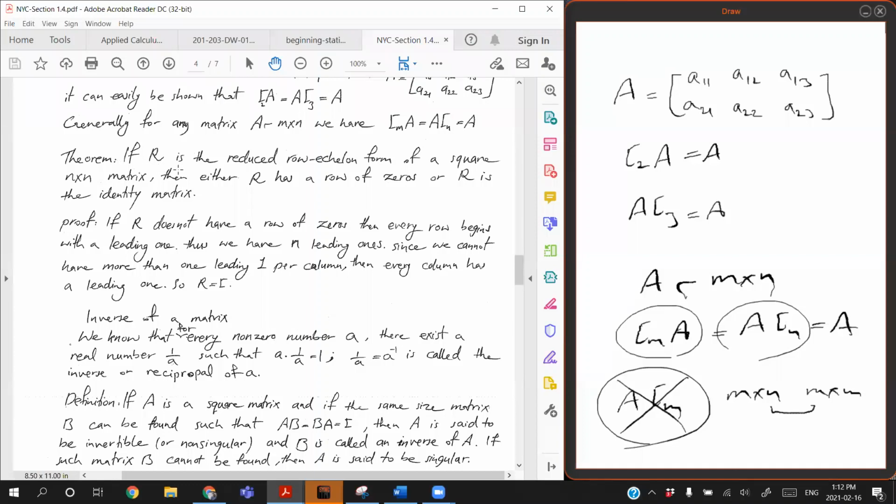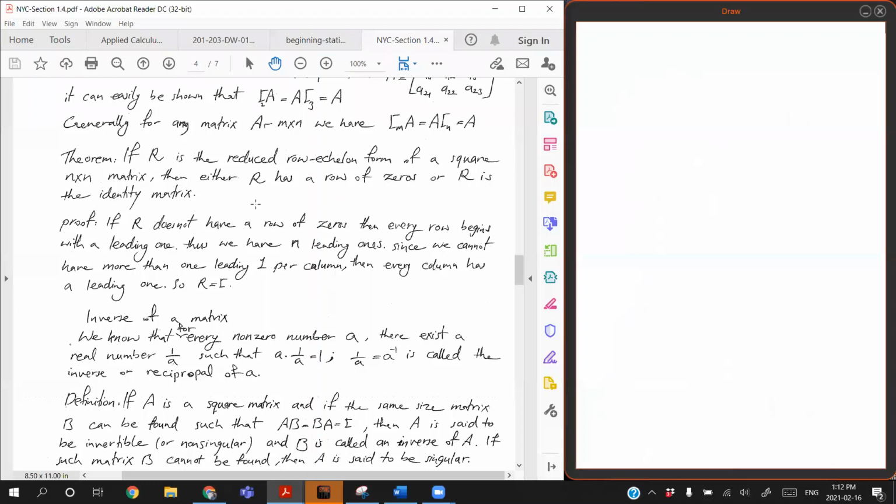Theorem. If R is the reduced row echelon form of a square matrix, n by n matrix, then either R has a row of zeros or R is the identity matrix. Very interesting theorem. So let's try to understand this first. This one is saying that imagine you have a square matrix that's 3 by 3, and you do some row operations and you try to transform that into reduced row echelon form.